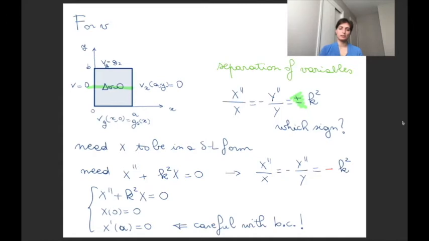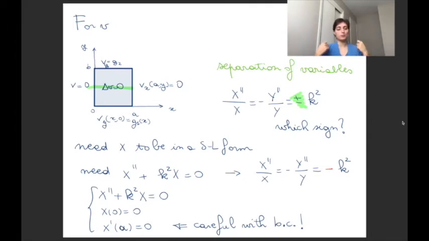And as we did before, we're going to be writing x second divided by x equals minus y second divided by y equal plus or minus k squared. I haven't chosen the sign yet because I want to choose that sign in order for the Sturm-Liouville problem to be in the correct form. So looking at the boundary conditions, we have trivial boundary conditions in the x direction.